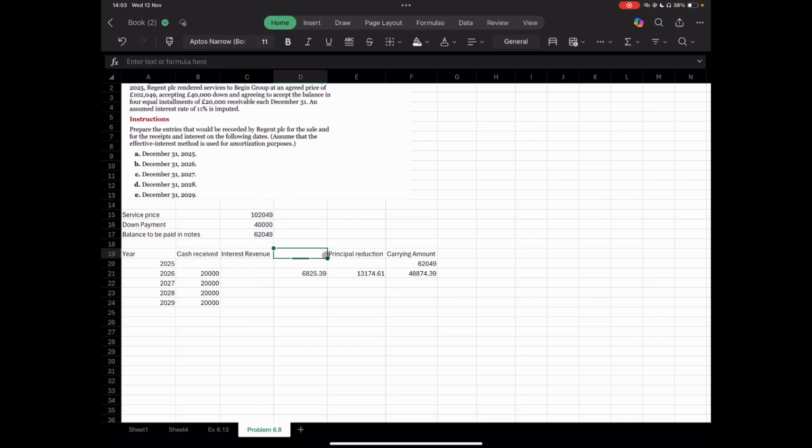Here I'm editing a little bit of the table so it will be easier to use.